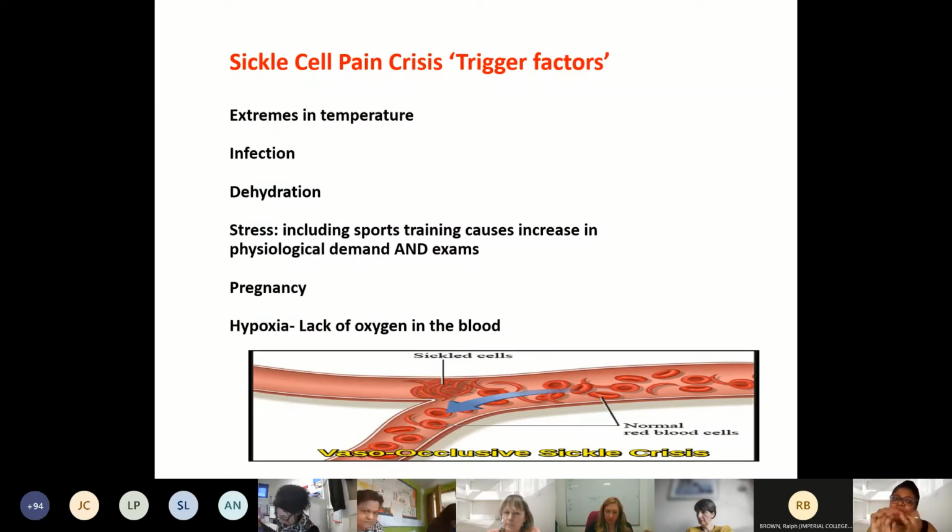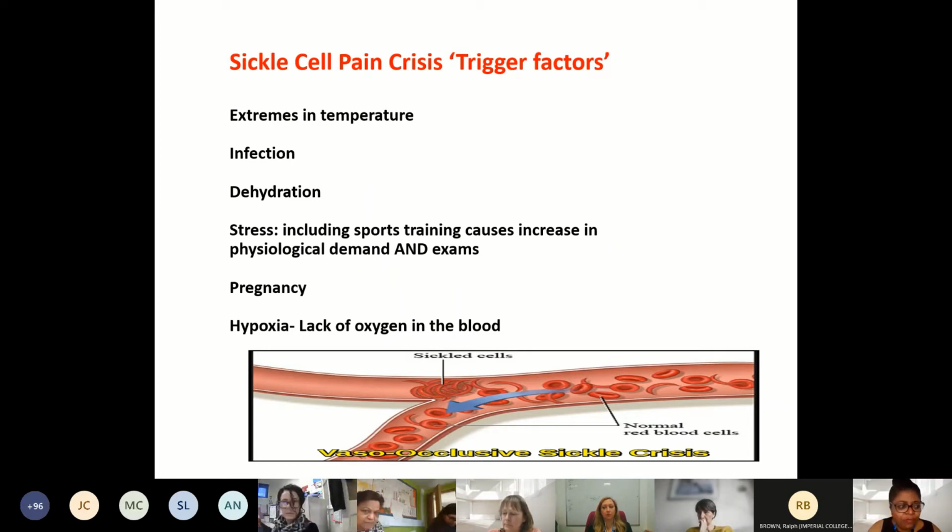Okay, so at least we're aware extremes of temperature, too hot or too cold, can trigger a sickle crisis. Infection, we've discussed already. It's really important because of the low immunity that we maintain healthy, take medication and fight infection. Dehydration, we'll discuss that further down in the presentation.